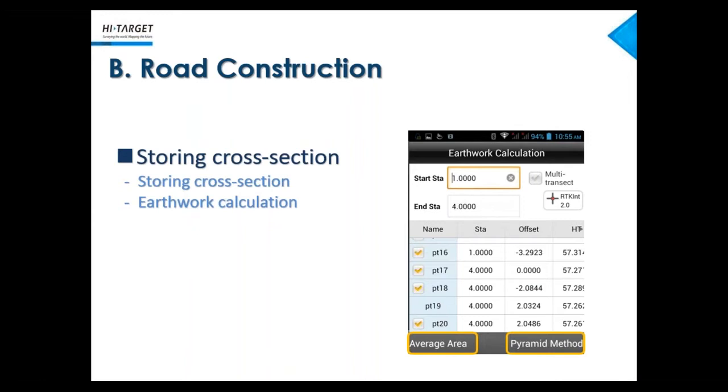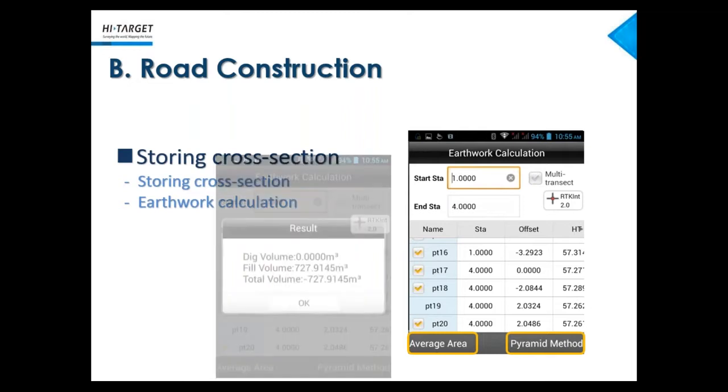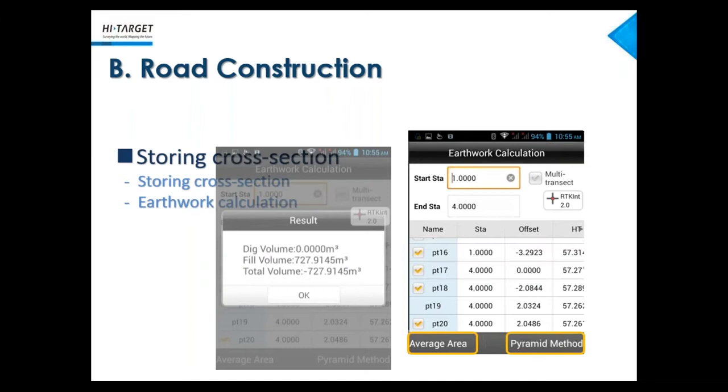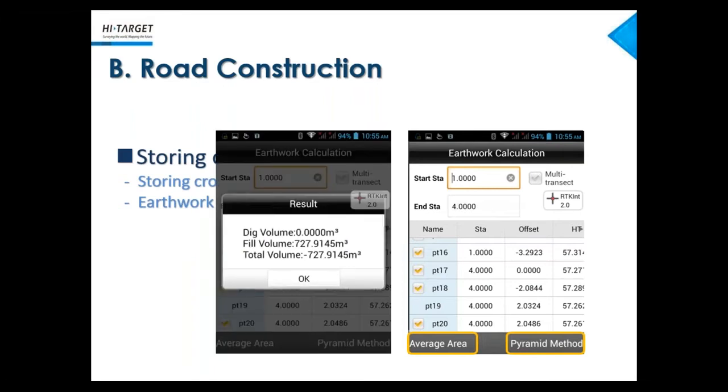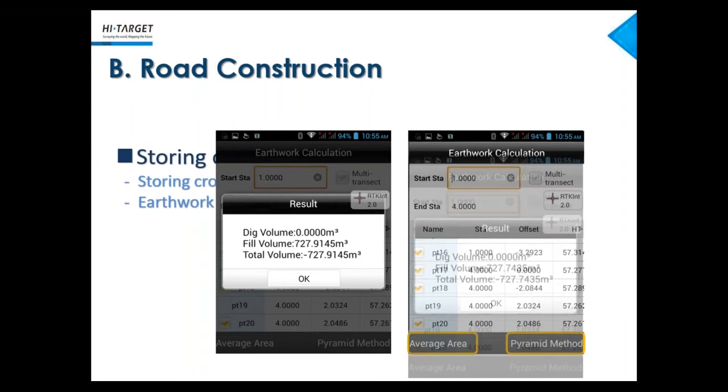And the pyramid mode may give you a very accurate result, and it can be especially used for special occasions where the cross section is hugely different from the start station to the end station. So this is the result from the average area, and this is the result from the pyramid method. You may find there's a little bit of difference for such a short distance.